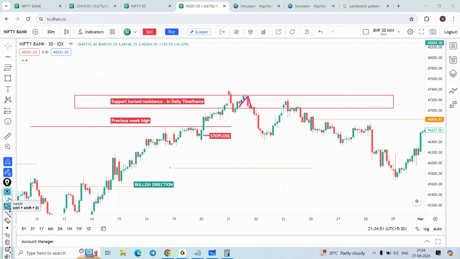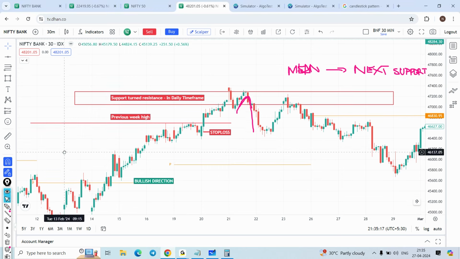So simple. This is a reversal trade. In a reversal trade, what is happening? Price comes back to the mean or next support. Do you agree with me? Price comes back to the mean or near to the next support.